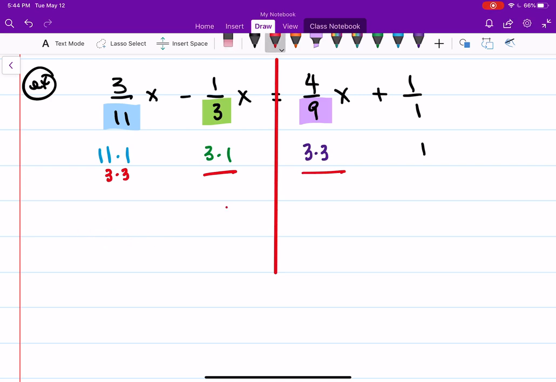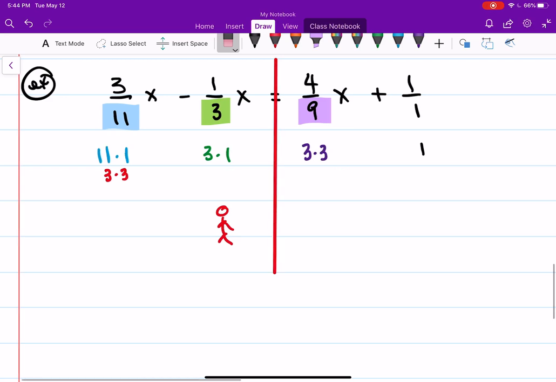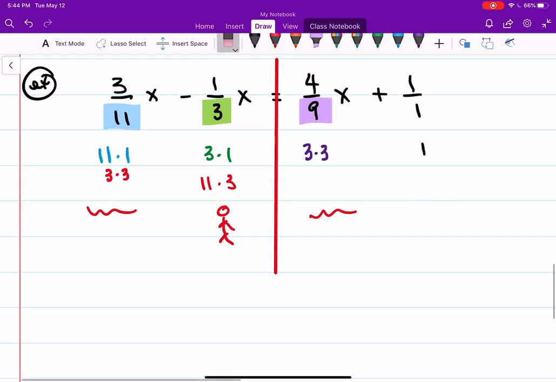So what if I stand here? This sister here has an 11. This sister here has a second 3. This sister apparently doesn't have anything. She's one of those selfless types.